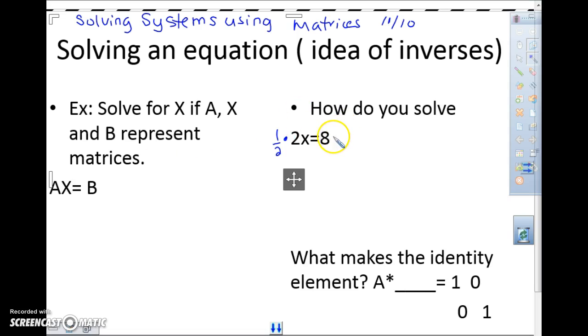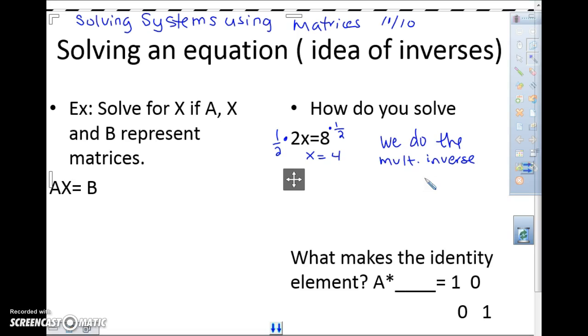And we have to do that to both sides of the equal sign, right? So we would get 1x, and then 8 times 1/2 would be 4. We use the multiplicative inverse on both sides of the equation.